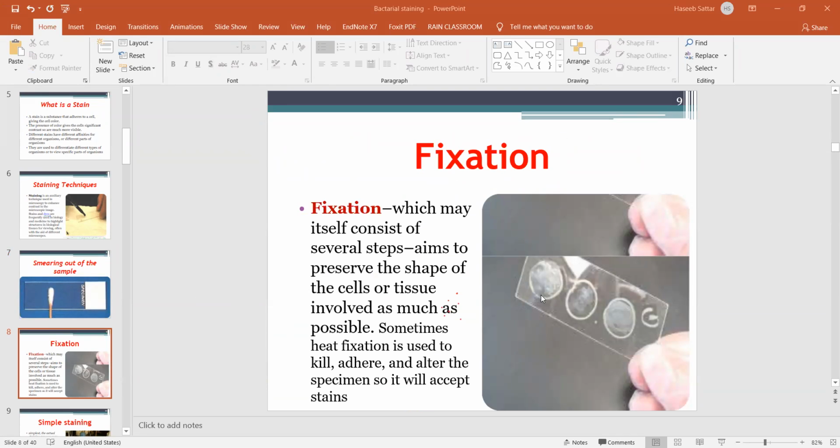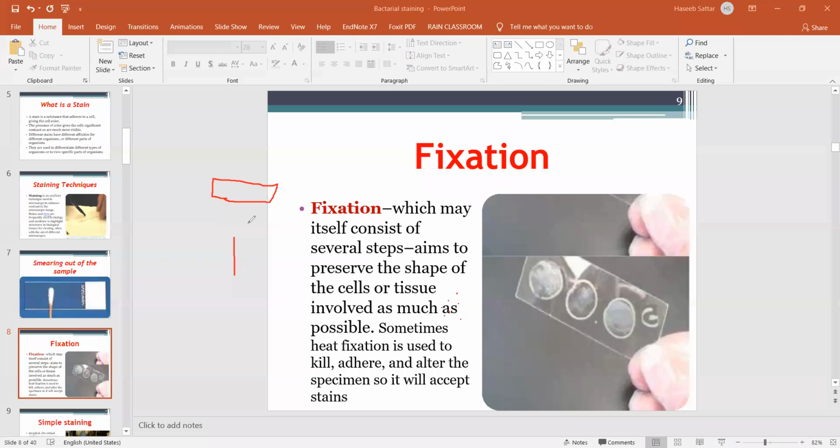Remember, you don't need to heat for a long period of time, or expose the slide directly to the heat. If the flame is here, you need to pass the slide above the flame, about 1 or 2 inches above, not on the flame.